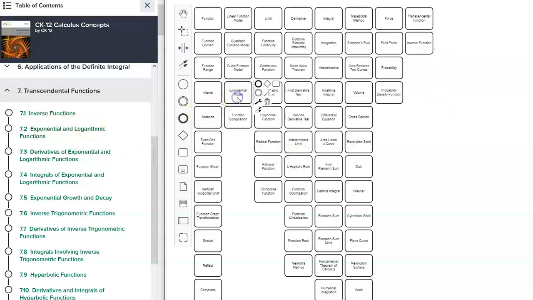Now we have exponential function here. Did we get logarithmic function? We got polynomial, but logarithm, the log is different. So let's do logarithmic function. There we go.